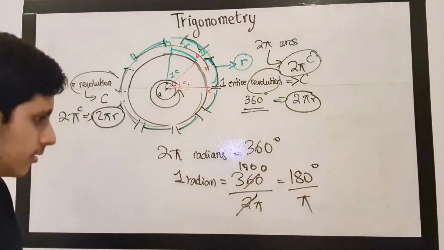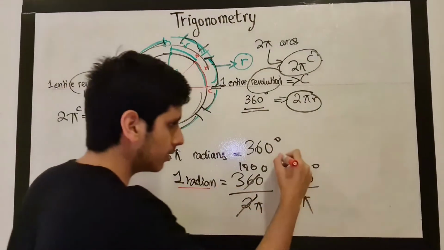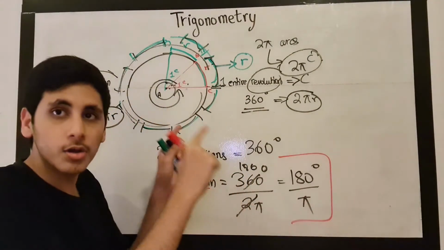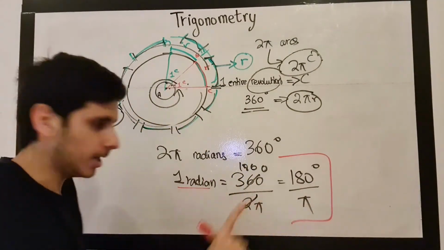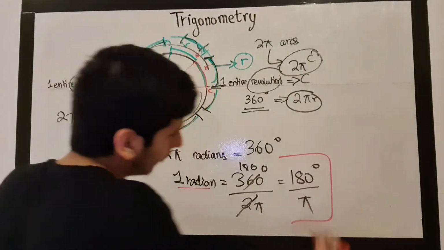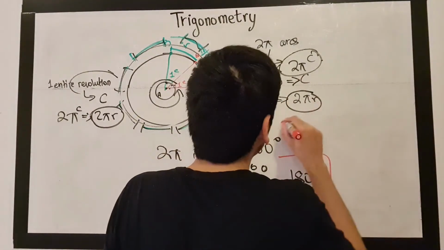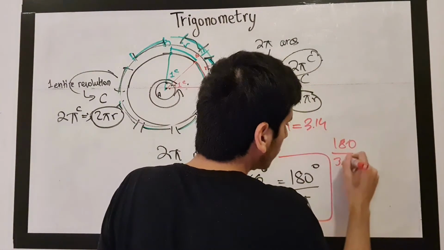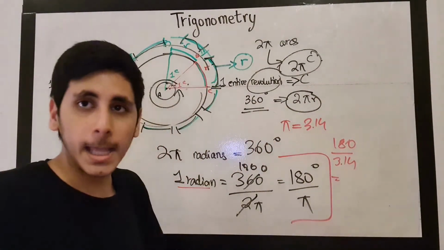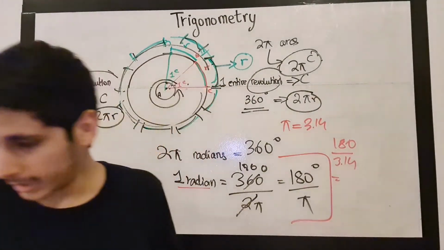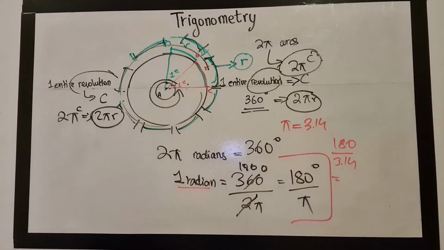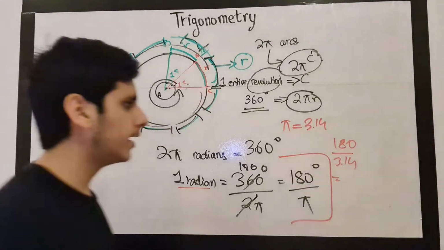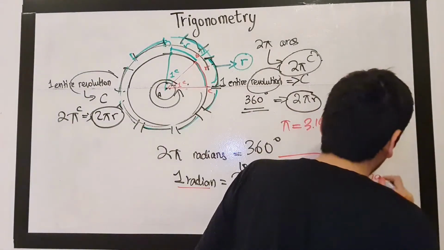Okay, so 1 radian is 180 degrees over pi. This is the logic behind why this works. And what is 180 over pi? If I let pi be 3.14, then 180 over 3.14 on a calculator gives approximately 57.2958.